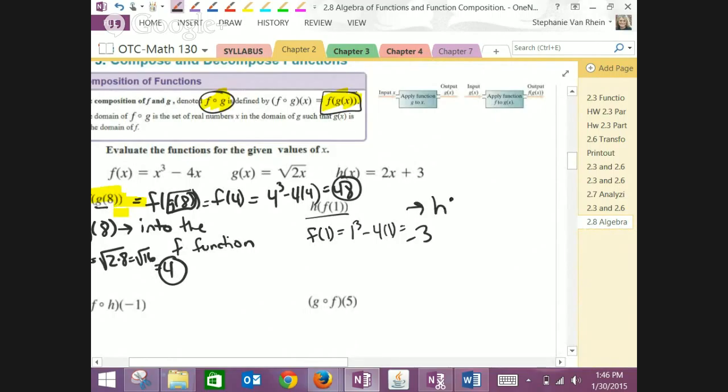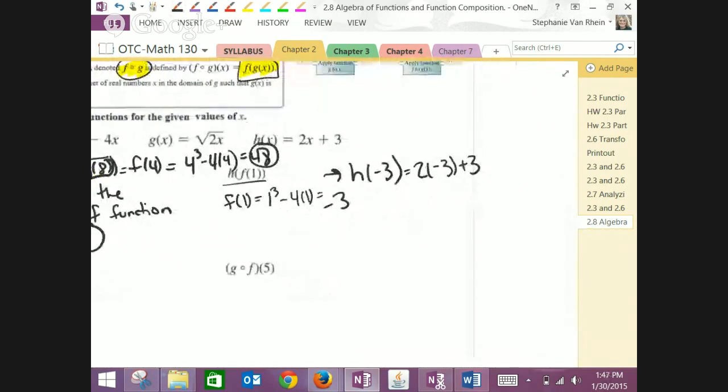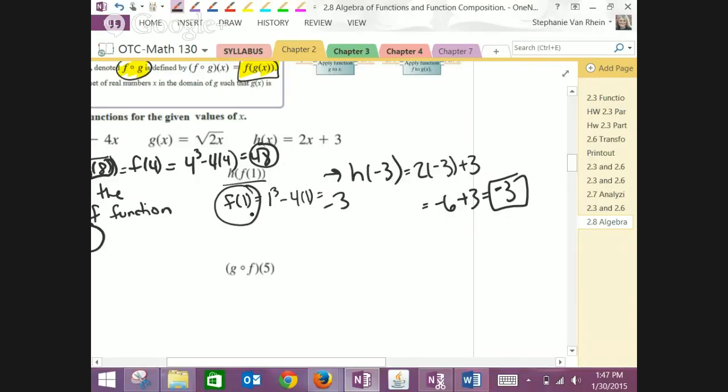Then I'm evaluating h at minus 3, which gives me minus 6 plus 3, which is minus 3. So you see how f of 1 is minus 3? I take that minus 3, plug it into the h function, and get out minus 3.